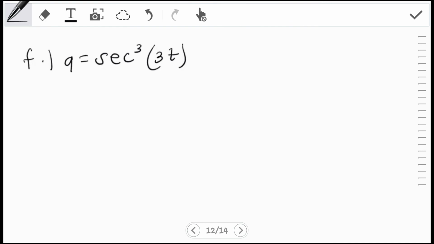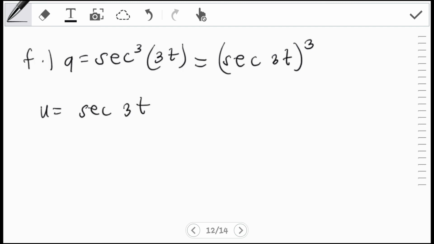So in this problem, we can rewrite secant 3t, okay, then multiplier by 3, okay, or the quantity of secant 3t to the power 3, okay. So let u equals to secant 3t.